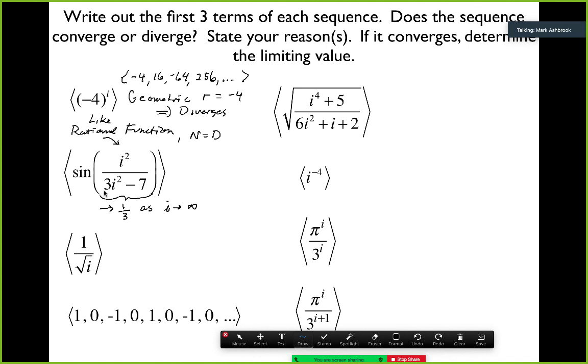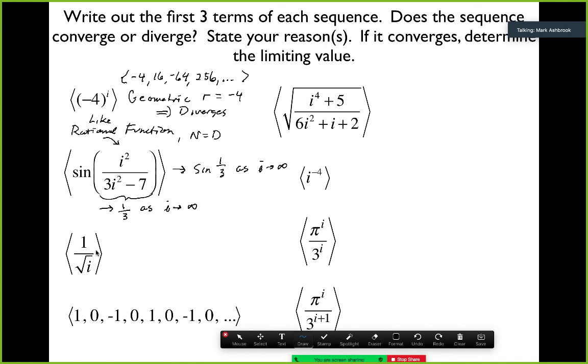So if this argument converges to 1/3, what will the sequence converge to? Sine of 1/3. We keep taking sine of numbers that are getting closer and closer to 1/3, so it converges to sine of 1/3.